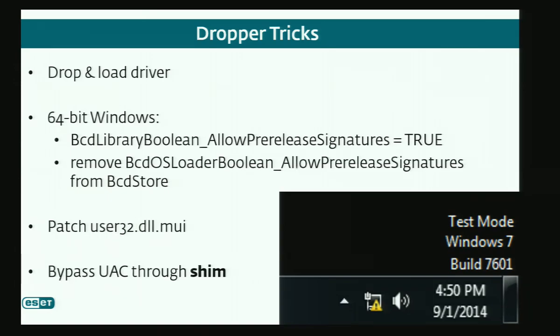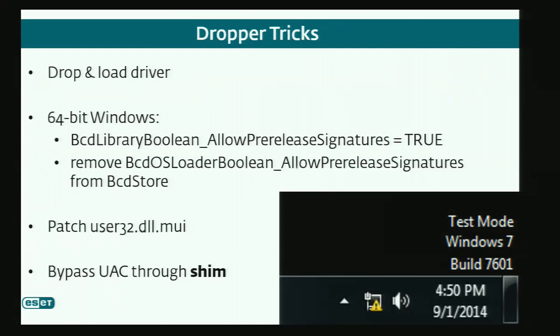Now, as you all know, on 64-bit versions of Windows, the drivers need to have valid digital signatures. In order to bypass this security feature, BlackEnergy modifies the system's boot configuration data to allow testing signatures. Now, such a setting should trigger a notification near the system tray, such as this one.